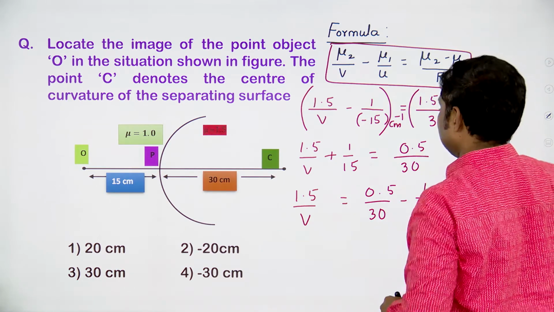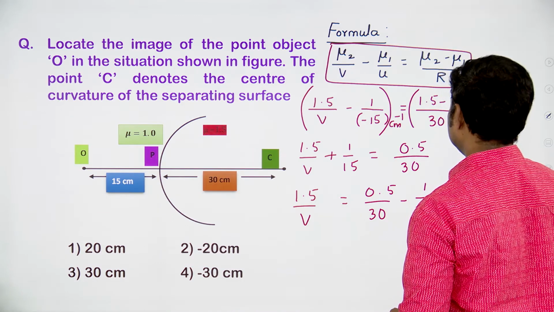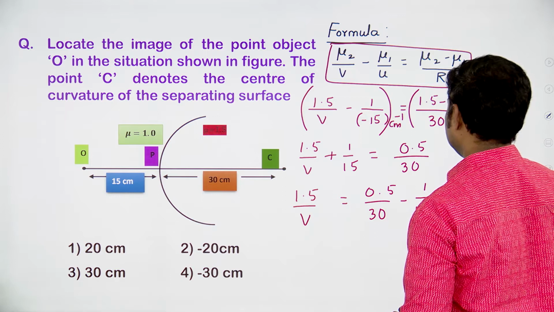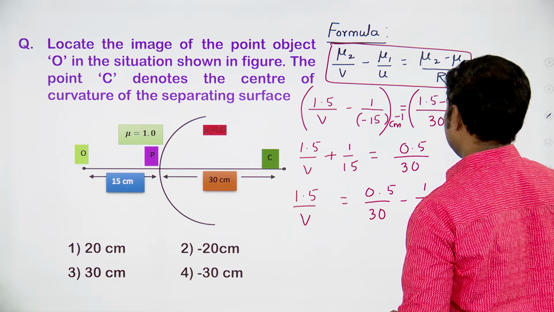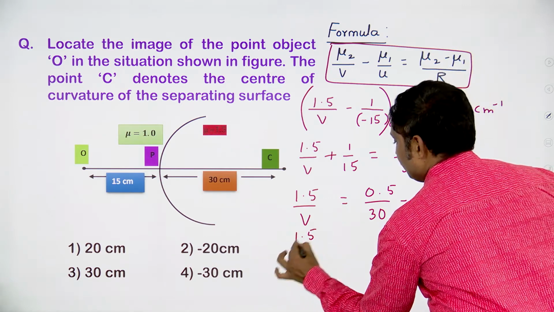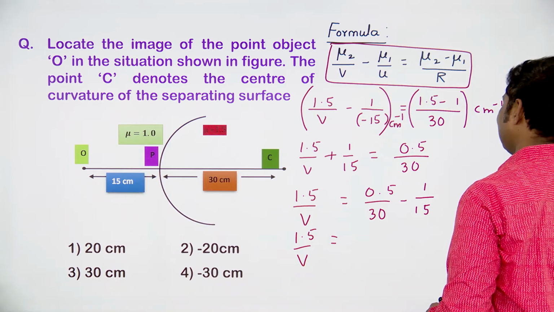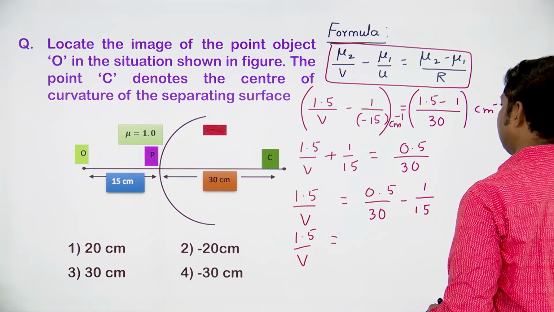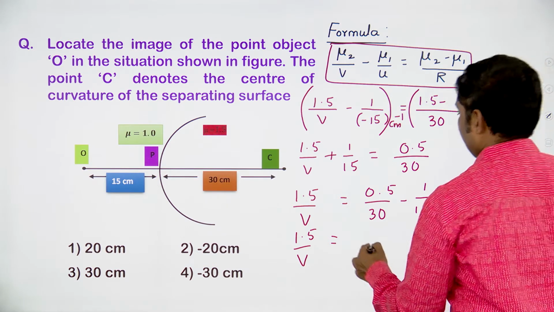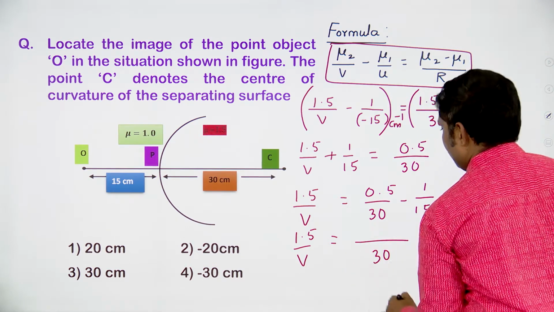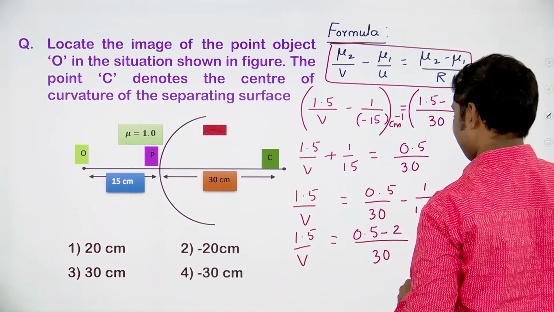Yes, 1.5 by V is equal to, you will get 30 whole upon, that is 0.5 minus 2.